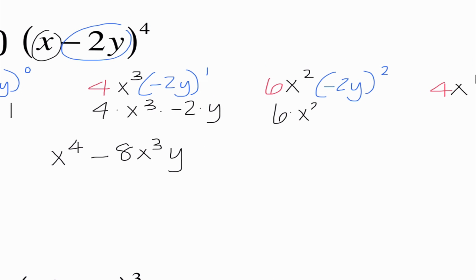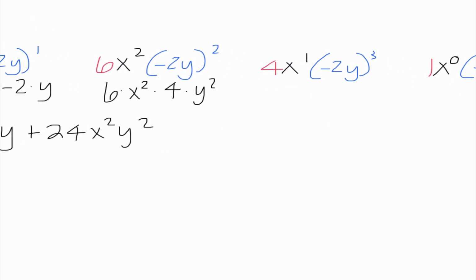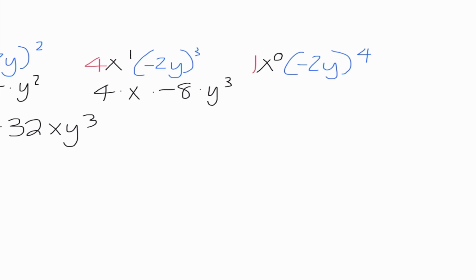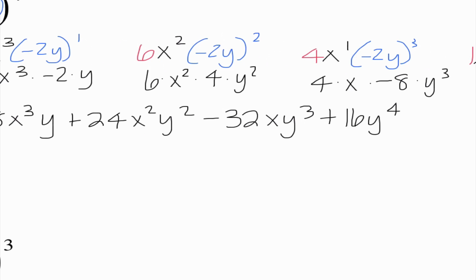6 times x squared times 4 times y squared would give me plus 24 x squared y squared. 4 times x times -8 times y cubed would give me -32 xy cubed. 1 times 1 times 16 times y to the 4th would give me positive 16 y to the 4th.